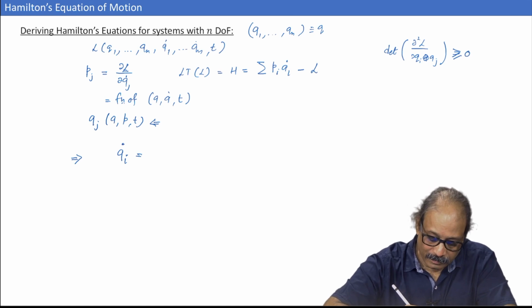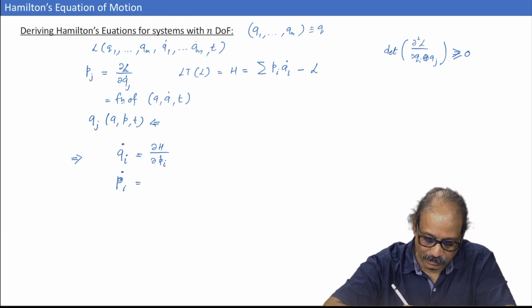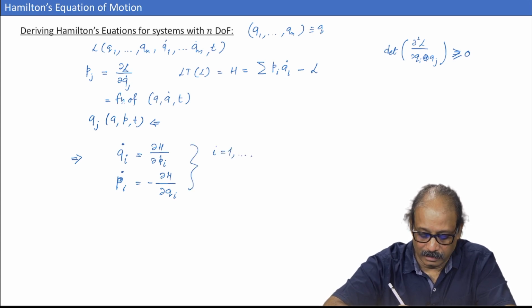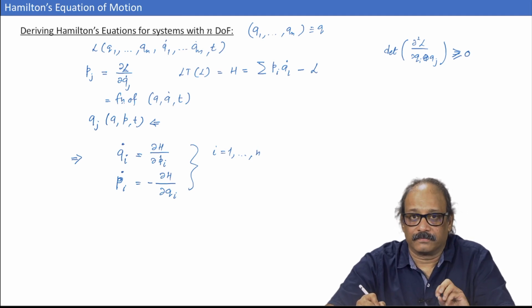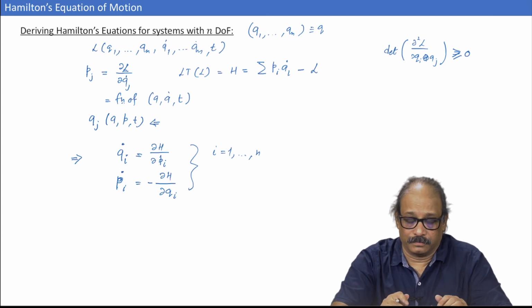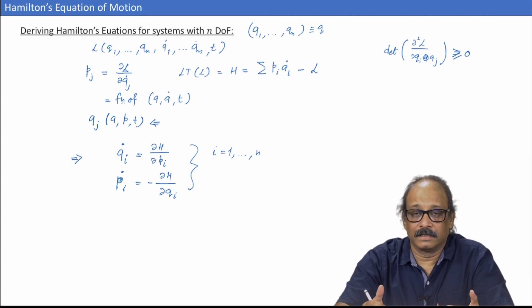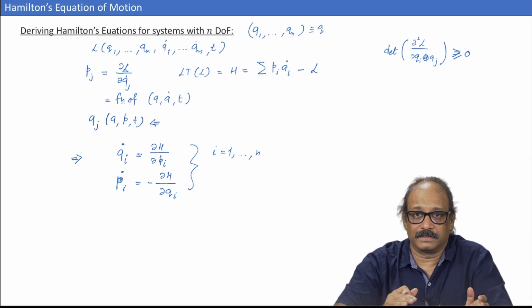So, qi dot will be equal to the partial derivative of H with respect to pi, and pi dot will be equal to minus the partial derivative of H with respect to qi, all the way i from 1 to n. So, there are 2n differential equations which are first order, and they are actually replacing n second order differential equations.